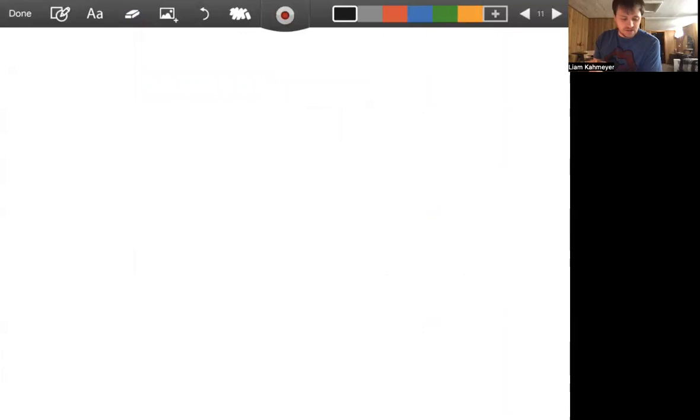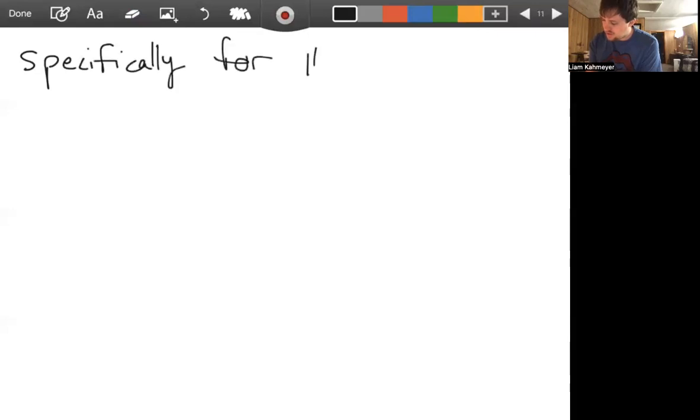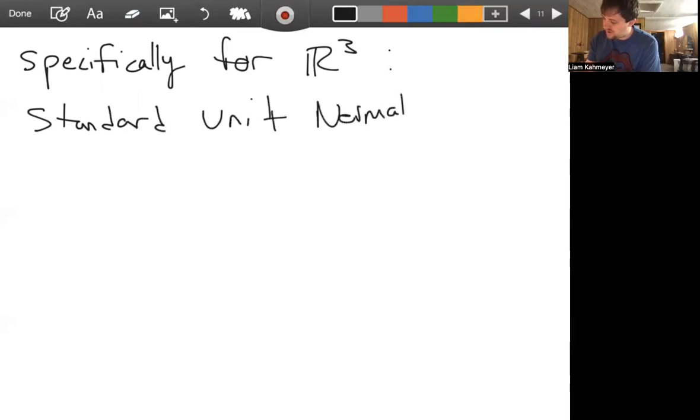A very important type of vector, and this is specifically for R3, we have what are called the standard unit normal vectors.